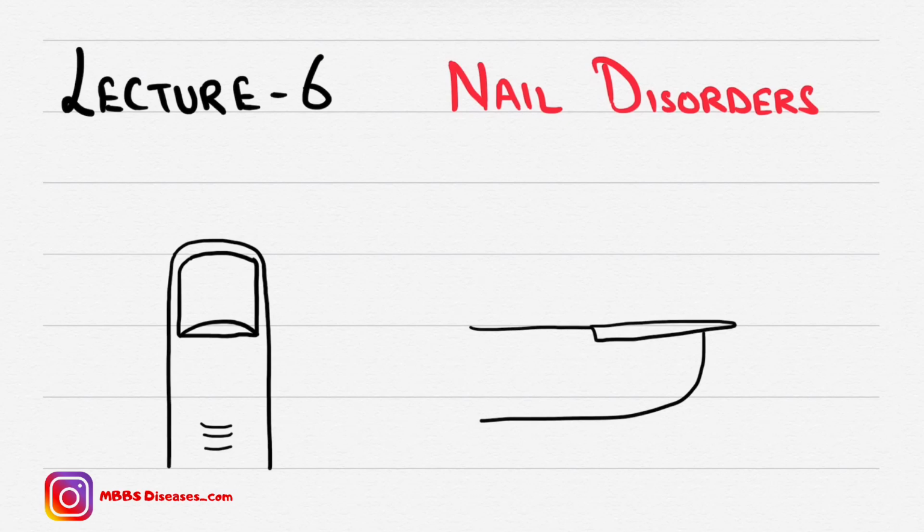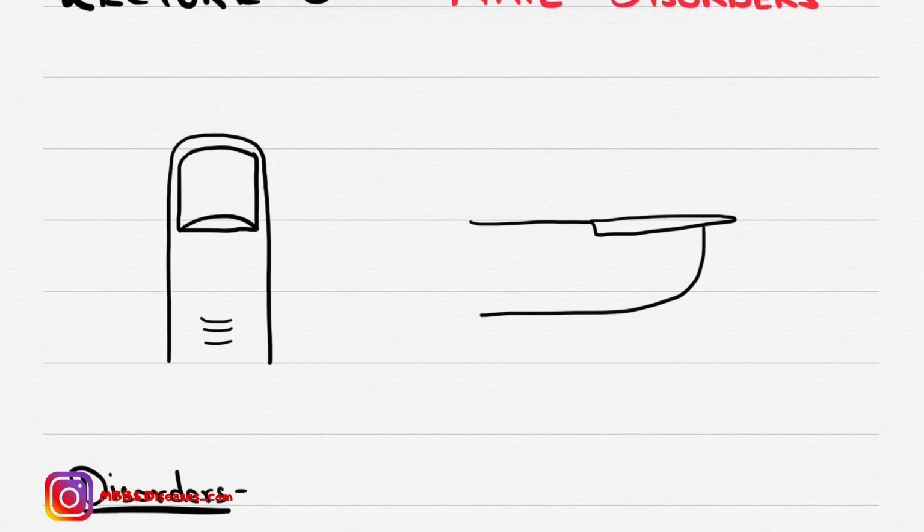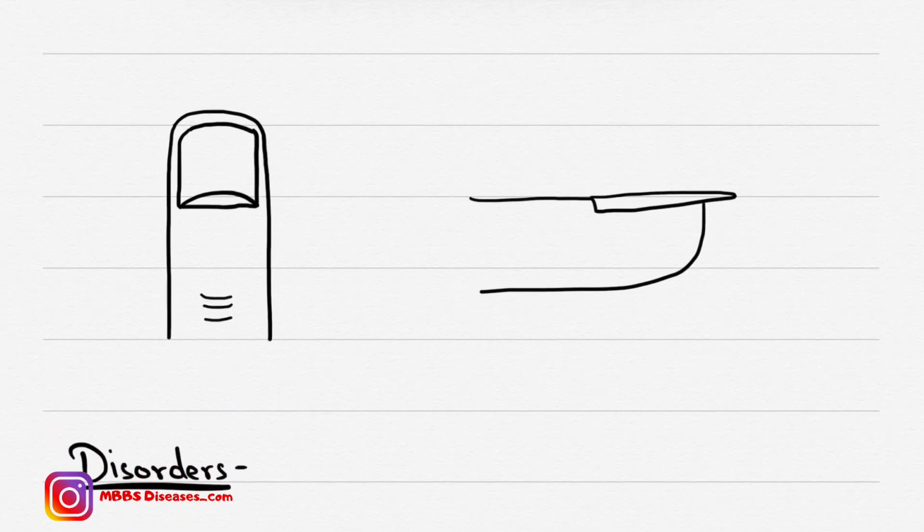Before going to nail disorders, you should know the structure of the nail. I have drawn this diagram. This is a finger and we can see a nail here. There are many parts of the nail. This is the nail plate.